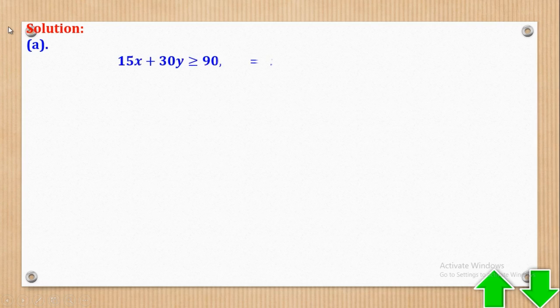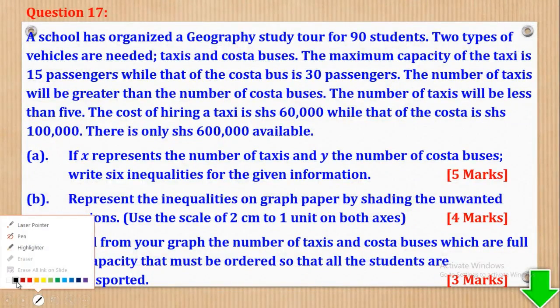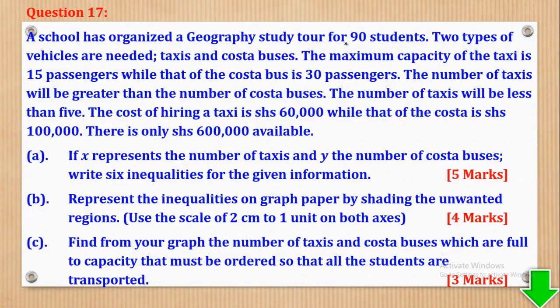So part A, they told us to write the inequalities. The first one is 15x plus 30y is greater than or equal to 90. So how does that come about? It comes from here, because the students are 90, but there are 2 types of vehicles. One is taxi and one is coaster. They told us that x represents taxis and y represents coaster buses.